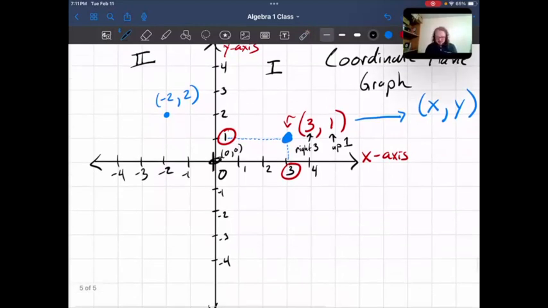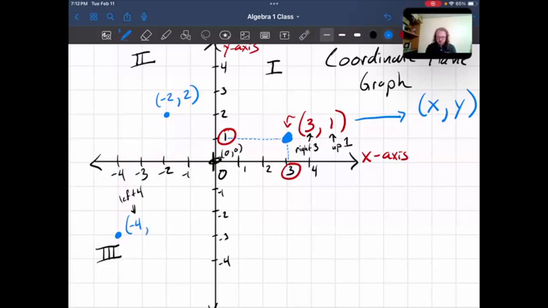So down here in quadrant 3, I'm going to draw another point. So let's say I go left 4 and then down 3. So I go 1, 2, 3, 4. 1, 2, 3. So my point is going to end up right there. And that point is called -4, because that means left 4.